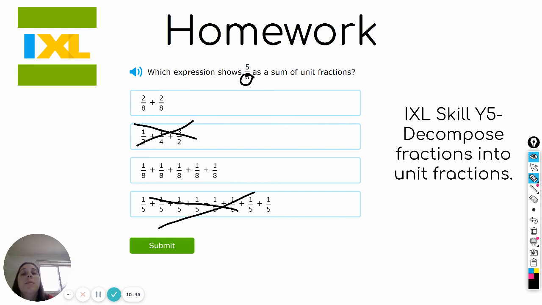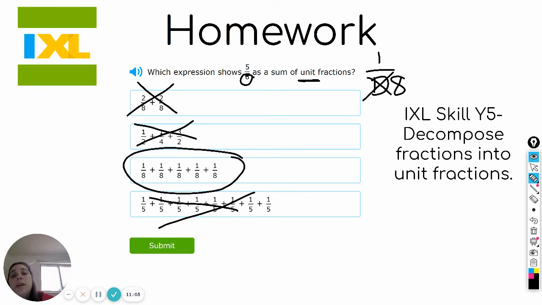Now we're adding them up as a sum of unit fractions, so we know it needs to be 1 over whatever our denominator is. In this case, we know our denominator is 8, so the fractions we're adding need to be 1/8. Can't be this one because those are 2/8. So that leaves this one. There should be 5 of them. 1, 2, 3, 4, 5. They added 1/8 together 5 times. And that's how they got 5/8. Go ahead and begin.